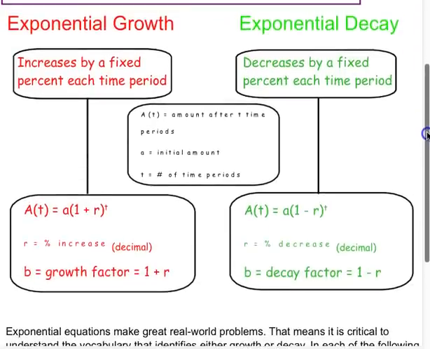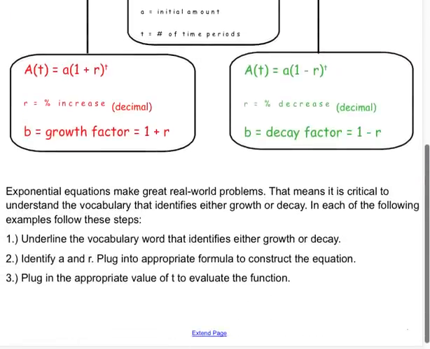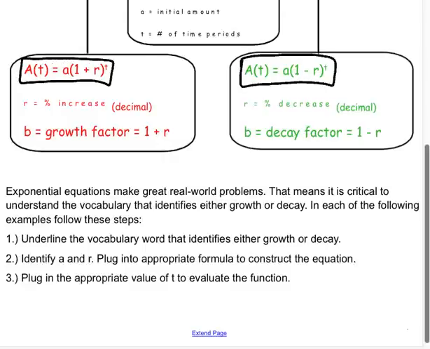Growth increases by a fixed percent for each time period. Decay obviously then decreases by a fixed amount each time period. So what you'll notice about the equations, look at how similar they are. The only thing is obviously growth, you're adding that rate every time.